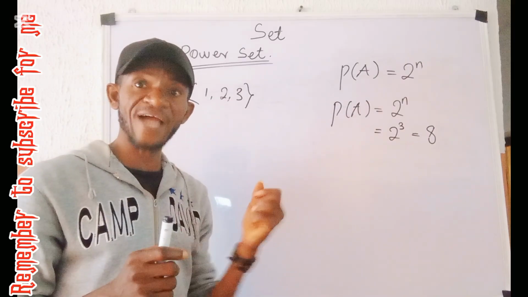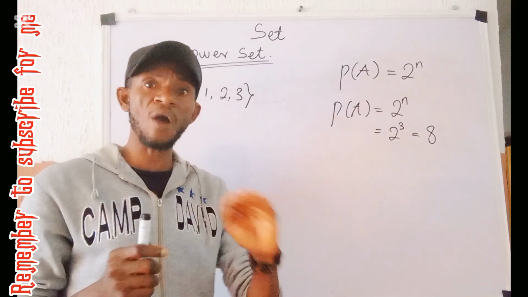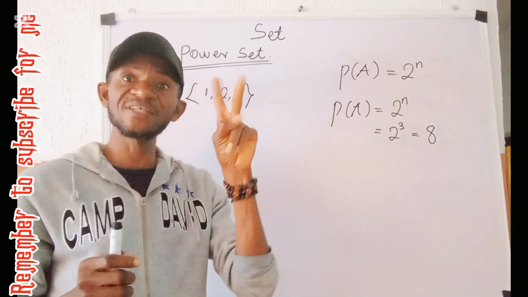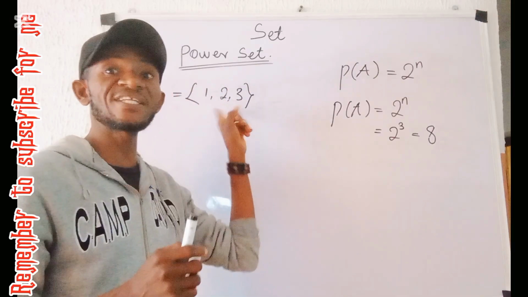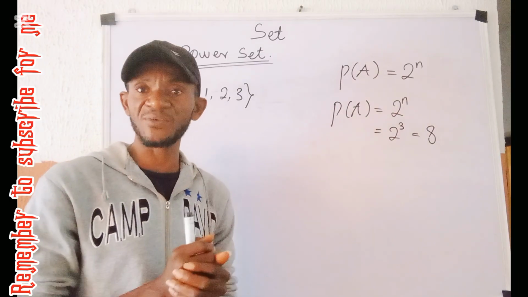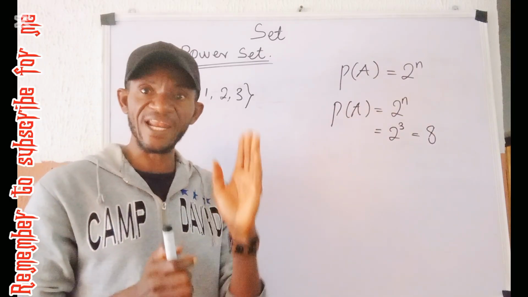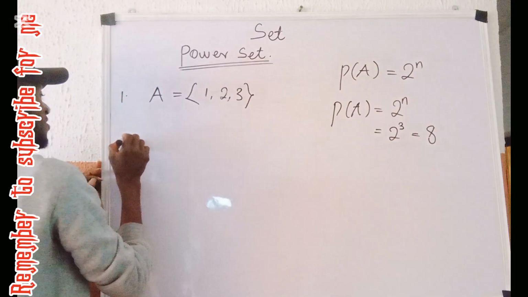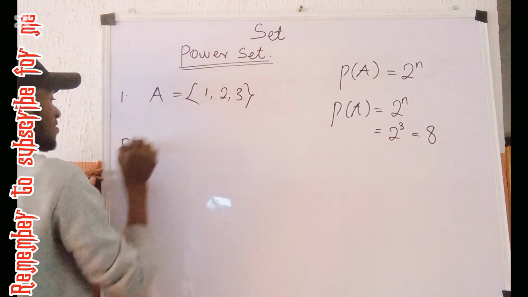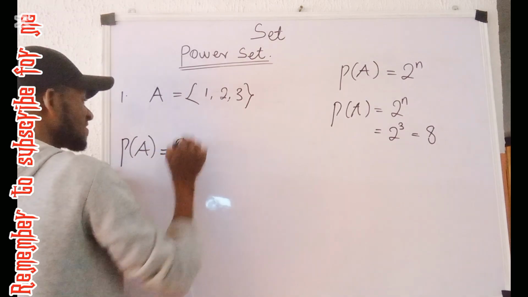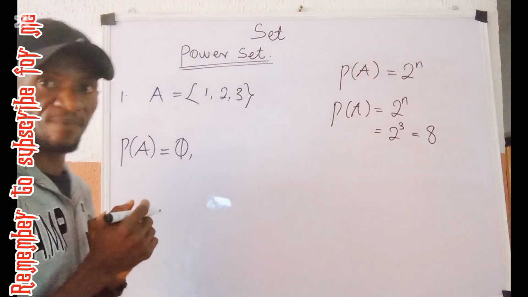When we are done with that, we go over to all possible sets with 2 elements, and those elements inside the set must be contained in the set given to us. From there, we go over to all possible sets with 3 elements. So as a way of providing the answer, we begin by saying that P of A is equal to, we have an empty set, which is the first one.